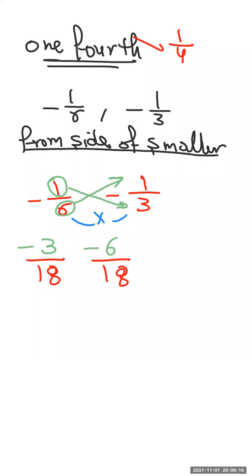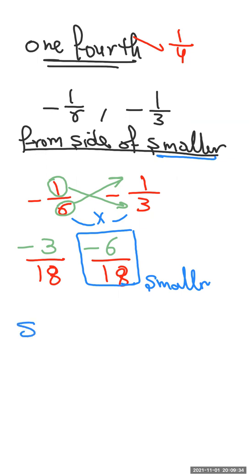Now, which one is the smaller and which one is the greater? And take care, they are negative numbers. So, of course, the smaller is -6/18. Correct? Now, the rule. We want to get the number from the side of the smaller.